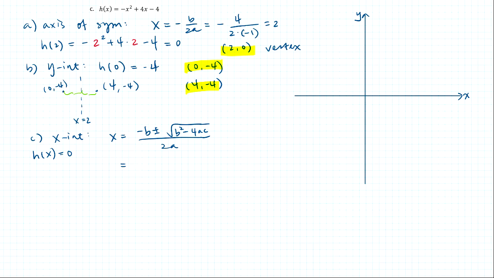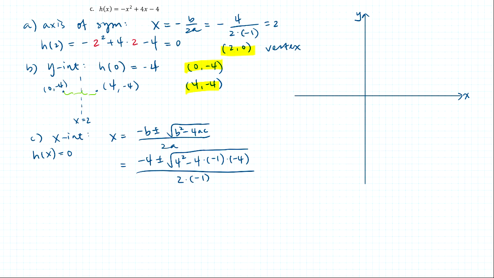If I plug things in, negative b would be negative 4, plus or minus the square root of b squared, which is 4 squared, minus 4 times a, that's negative 1, times c, which is negative 4. And this is all over 2a, so 2 times negative 1.